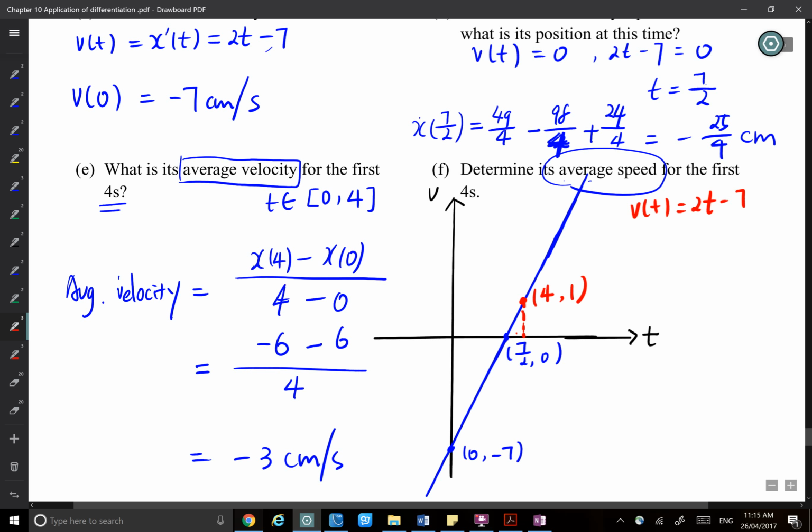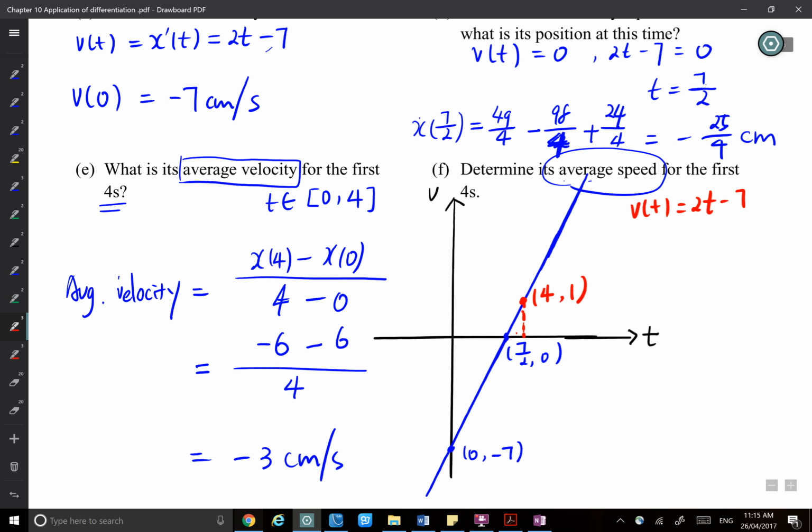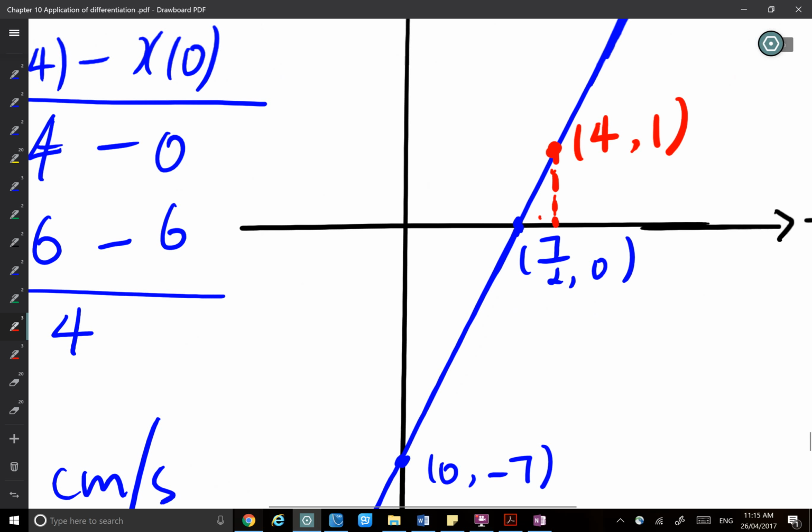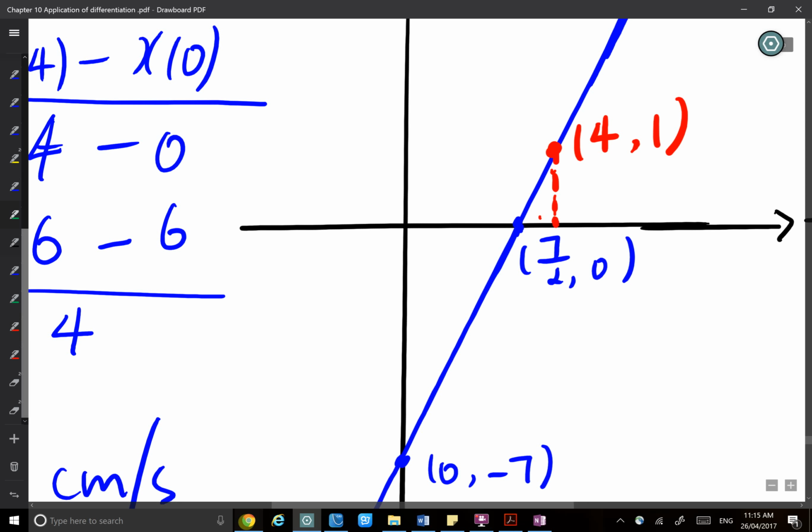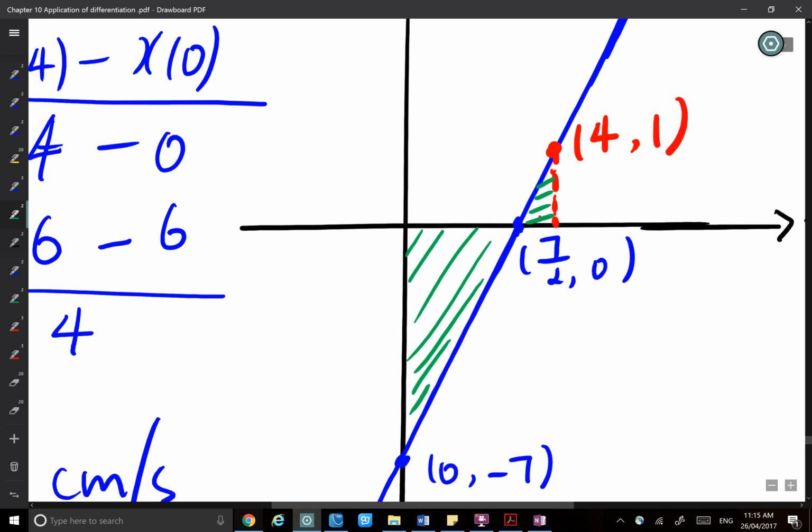Now I'll tell you the area under the curve for the velocity function will give you the distance. Okay, so can you see some area? Let's say that area is under the axis, and that area is above the axis.